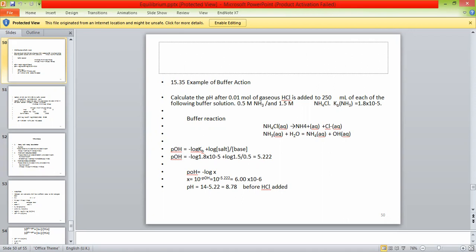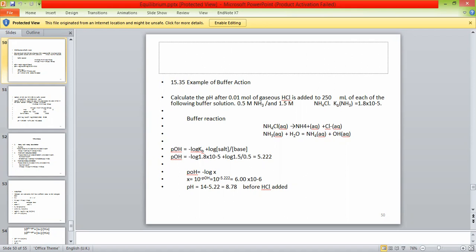Now, when this amount of acid is added, what it actually does is that this acid is going to reduce the number of moles, or it is going to reduce the concentration of the base, and it is going to increase the concentration of the salt.